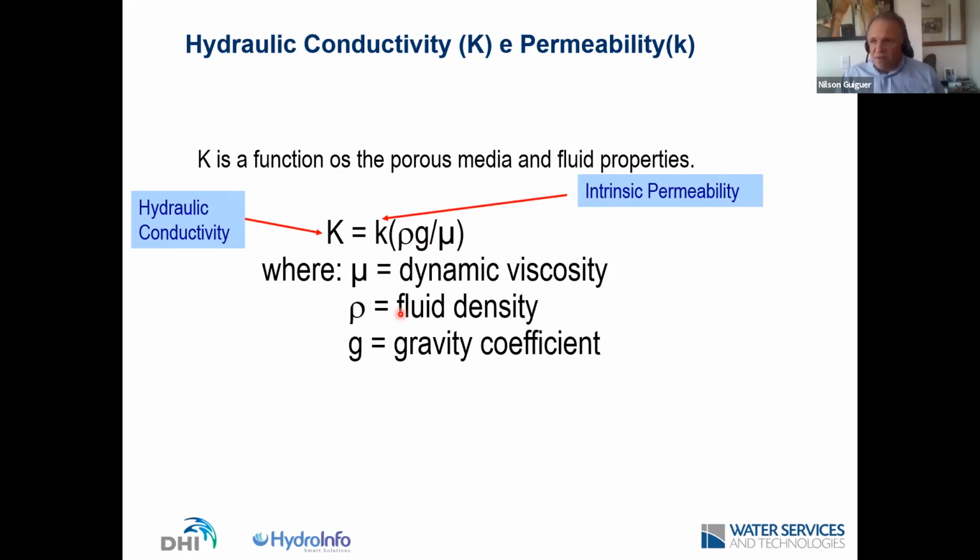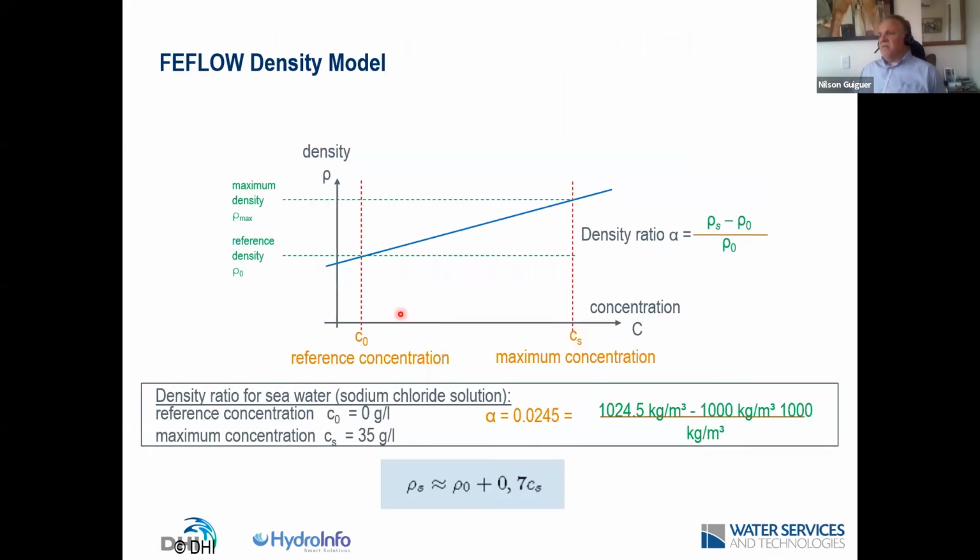Also the viscosity. Density in FeFlow is easy to change. You just change the settings so that the relationship between concentration and density is not zero. Zero means that independent of the concentration, the density will be the same, equal to 1. But if you change that ratio, as FeFlow calculates a concentration in a certain cell, it changes the density.